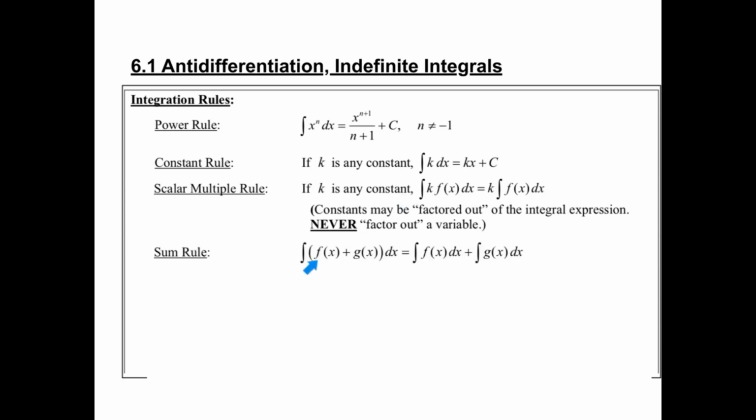Sum rule: if I'm taking the integral of a sum, you can treat it as the sum of two integrals. Exponential rule: the integral of e to the x is still e to the x. And again, we're working these backwards. The integral of a to the x is a to the x over the natural log of a.